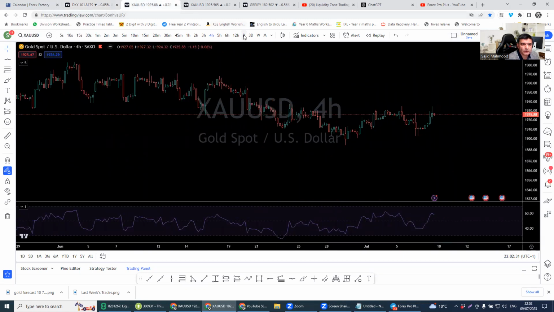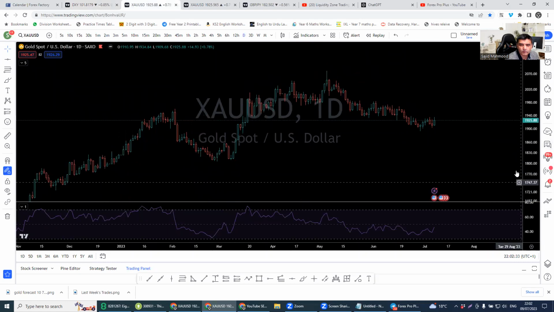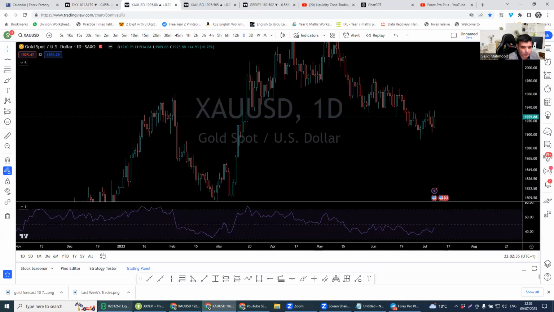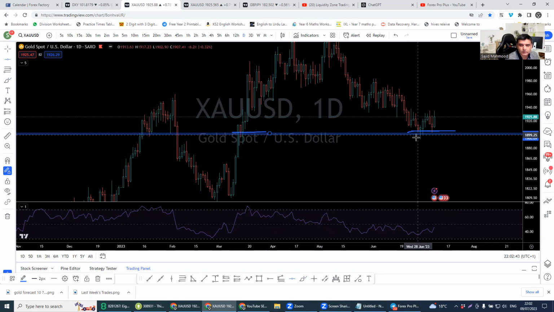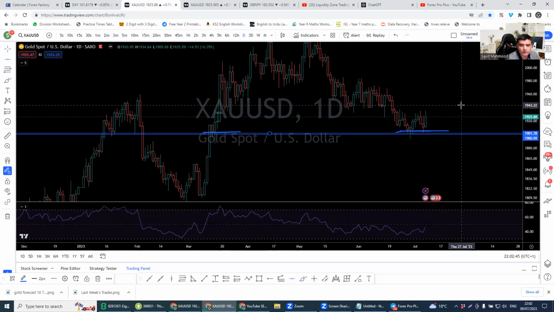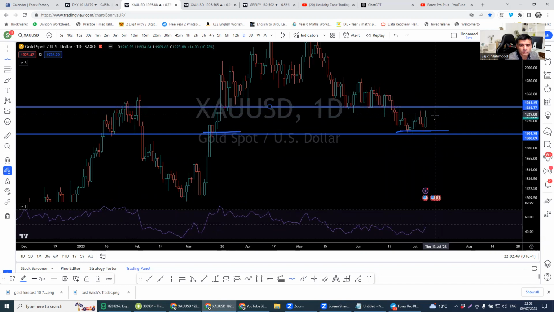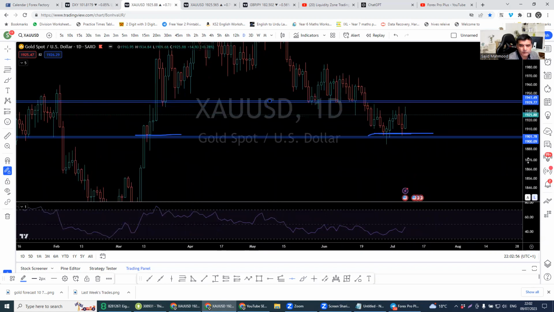What's happening there? On daily, we had this double bottom because we are at this level here, as you can see. Prices bounced back to the upside. And now we got this strong level as well here, 1940 level roughly. So we can expect the prices to go to this side and have some kind of rejection.